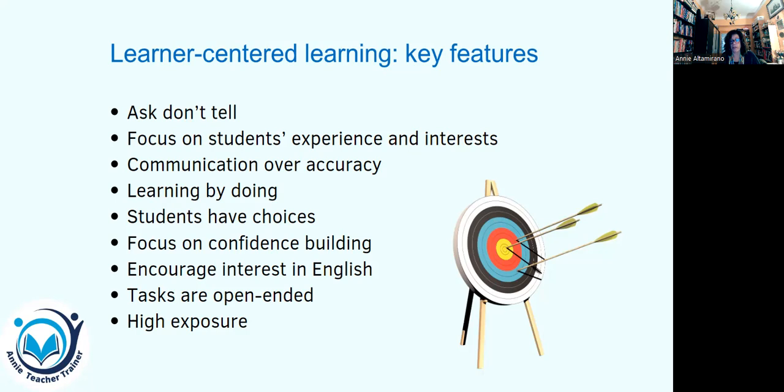Encourage interest in English, using the real world around them, using materials familiar to students, for example, the internet, video, television, magazines, online magazines, so that students are constantly in touch with the language in an absorbing way. Also include tasks that are open-ended, that is, tasks that have more than one possible answer.